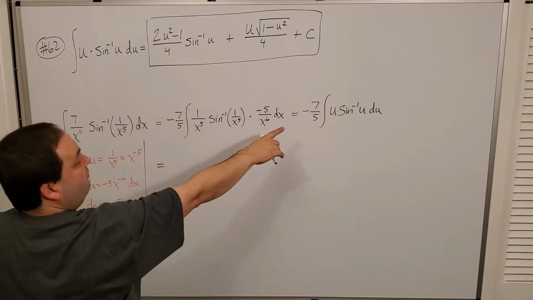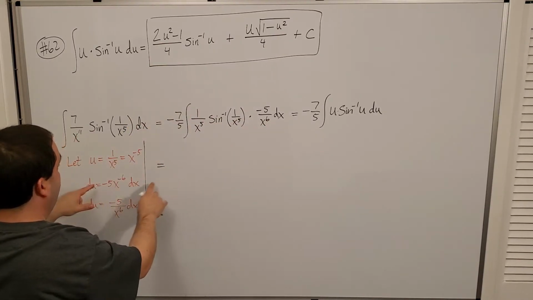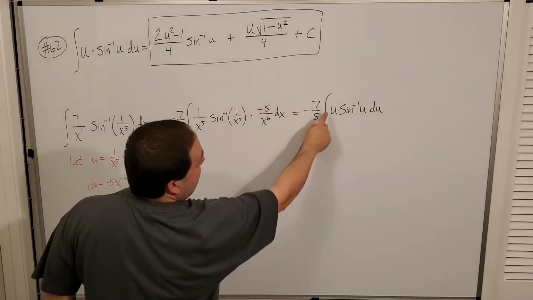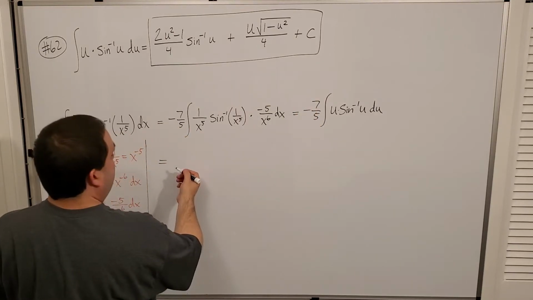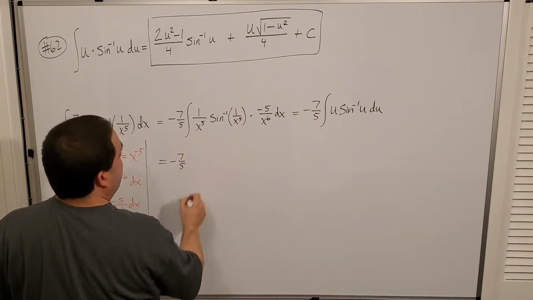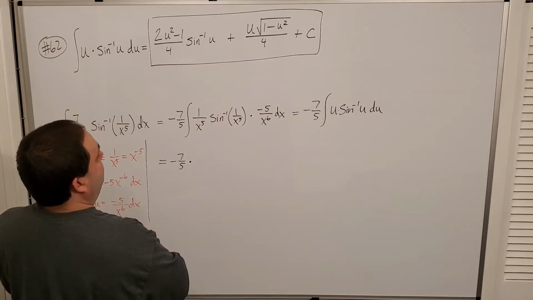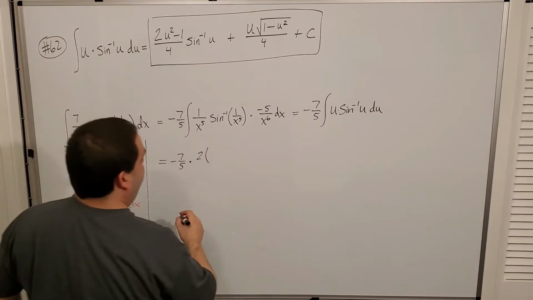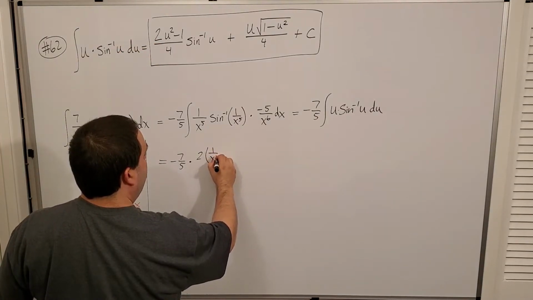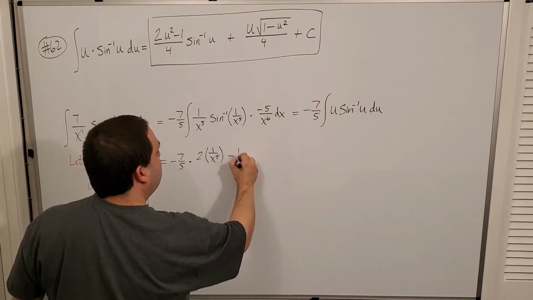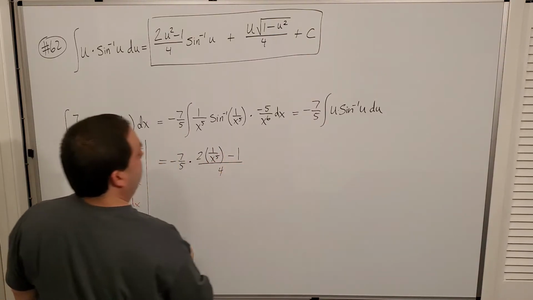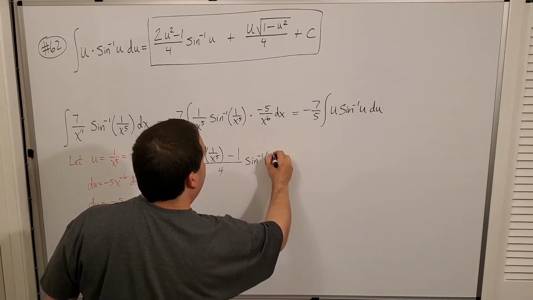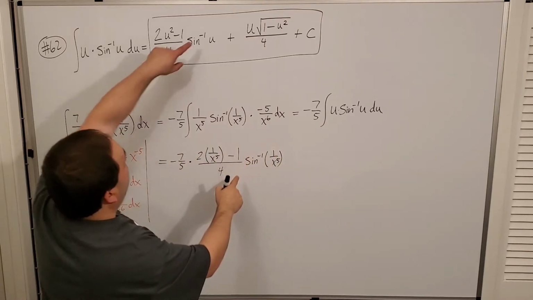My u from the integral, all right, I'm going to have my antiderivative here. U is 1 over x to the 5th. Don't forget the negative 7/5, right? So I have negative 7/5 times 2, u is 1 over x to the 5th. So 1 over x to the 5th minus 1 over 4 inverse sine of 1 over x to the 5th, because that's what u is, right?